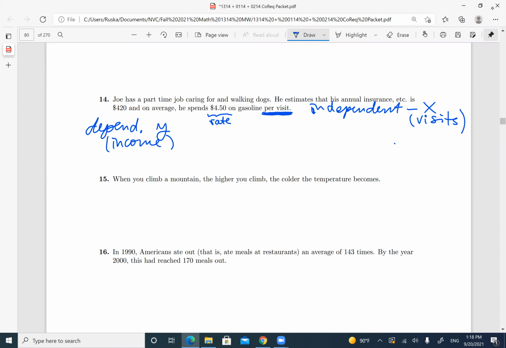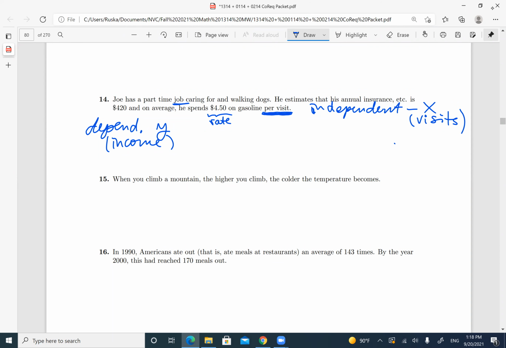Think about if they ask you to do income, because this is his job, right? So he's spending $420, and this is how much he spent per visit.